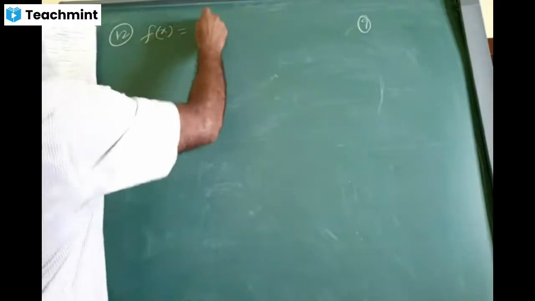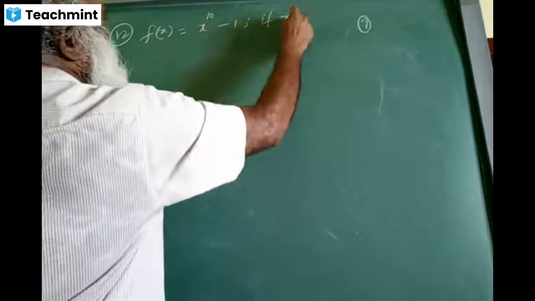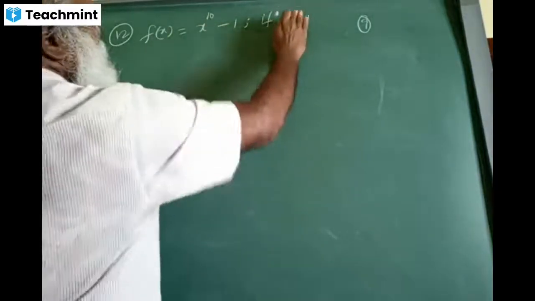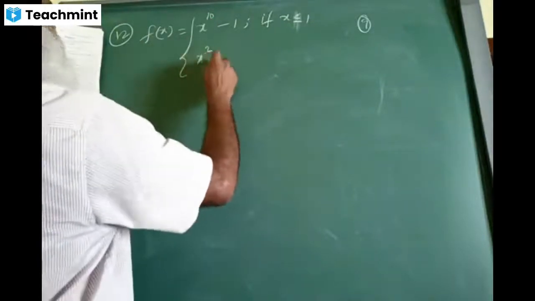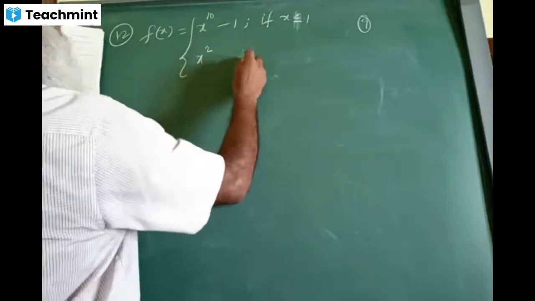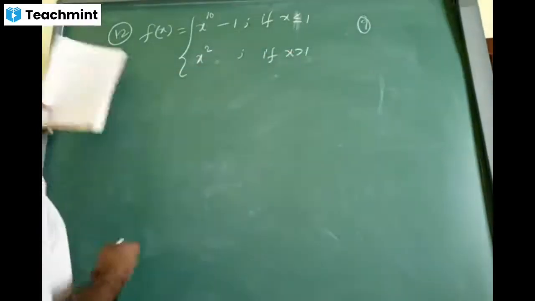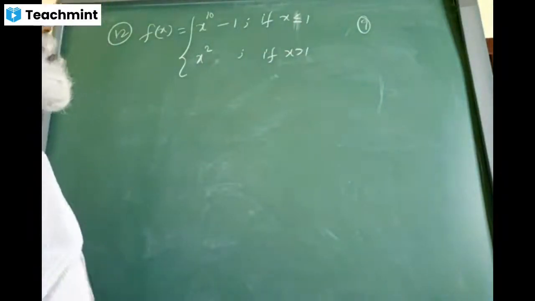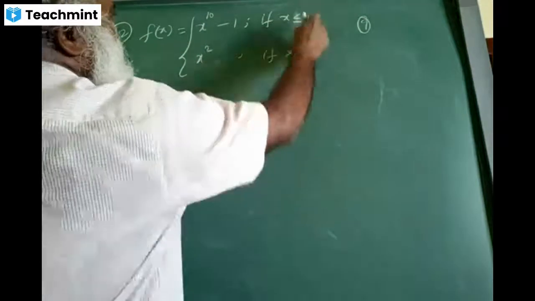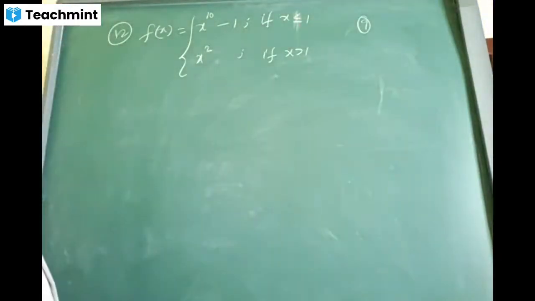F of x equals x power 10 minus 1 if x is less than or equal to 1, and x square if x is more than 1. So you have to find the points of discontinuity, please. We can discuss only at one. Okay, discuss only at one. One is the point of interest.